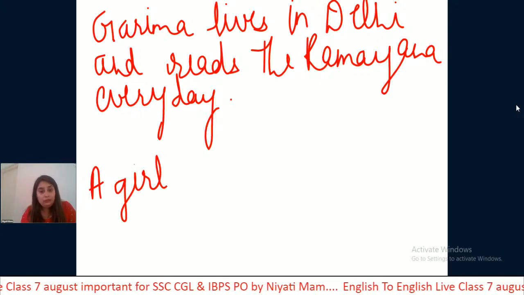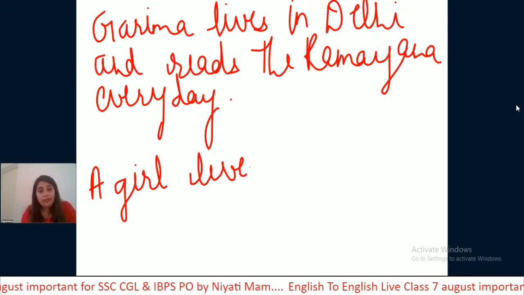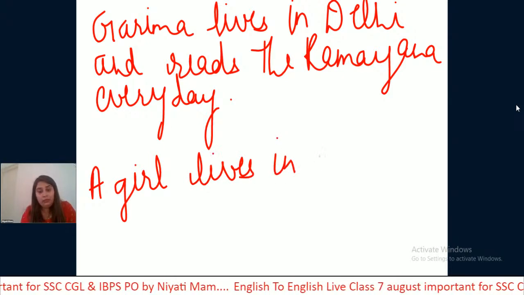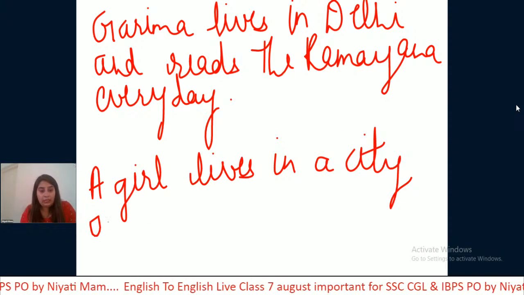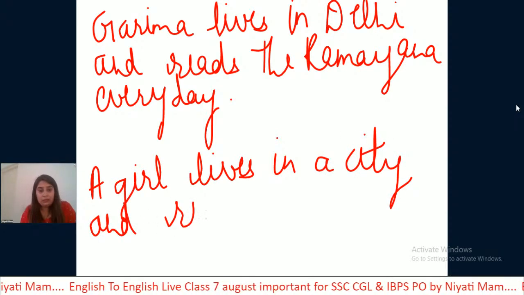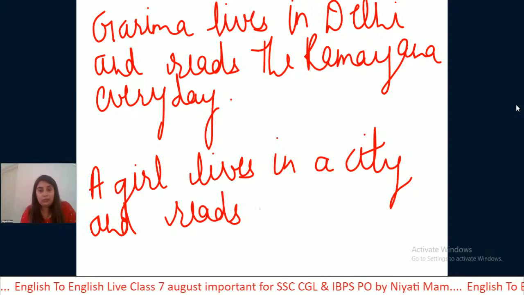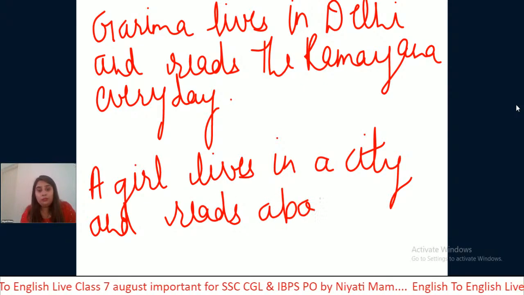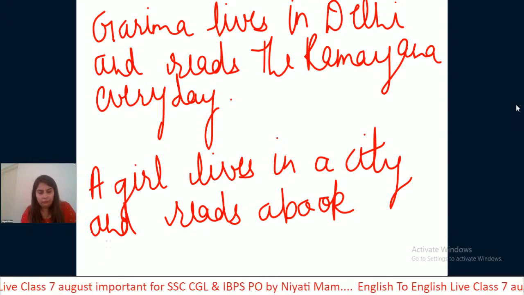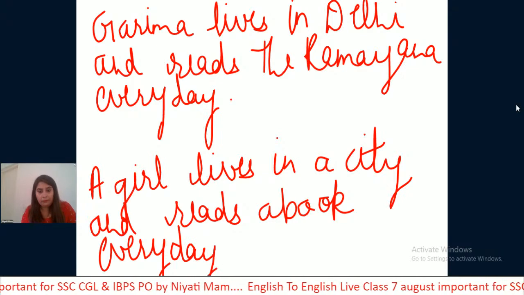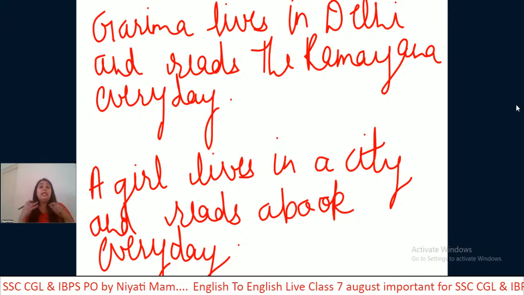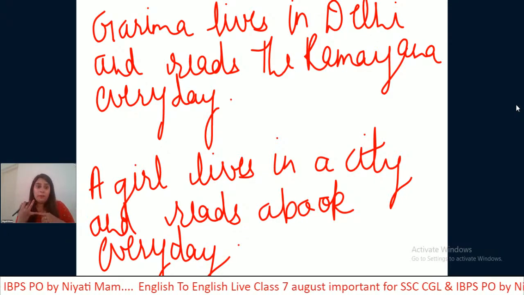Now the second sentence is: a girl lives in a city and reads a book every day. Garima lives in Delhi and reads the Ramayana every day.